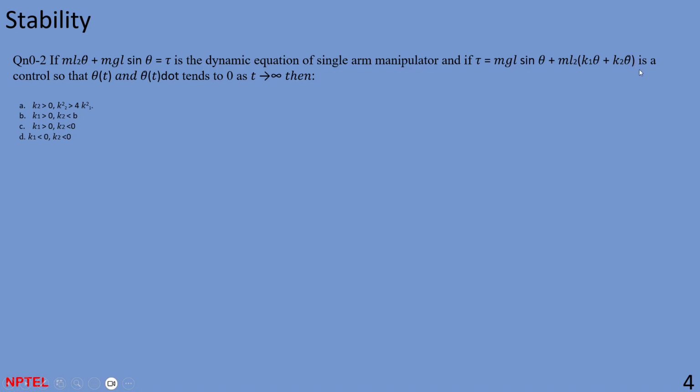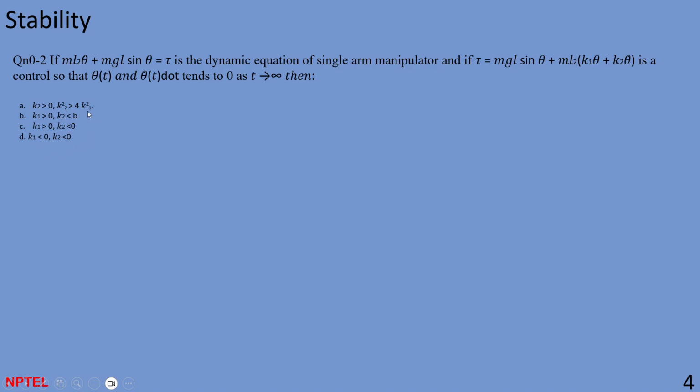Okay, please note that correction. This is a control, so we are taking tau as this, so that theta and theta dot tend to 0 as t tends to infinity. What will be the condition? What they are asking is that at time equal to infinity, theta and theta dot, which are the states of the system, go to 0.